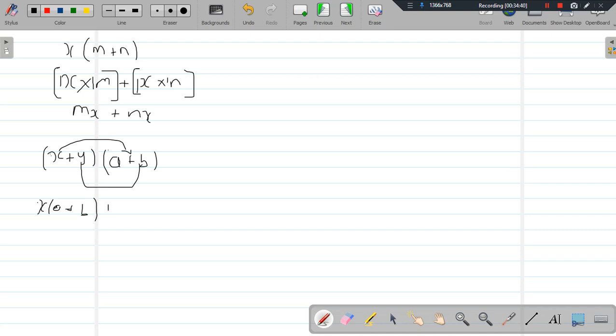Positive y, so plus y, you open a bracket, a plus b. Now what are we seeing here? This one is just like this expression we have here, which is duplicated. So how we solve for this is we are going to express it in a double fold. That is very simple. All right, so sorry, the letters didn't show up well.